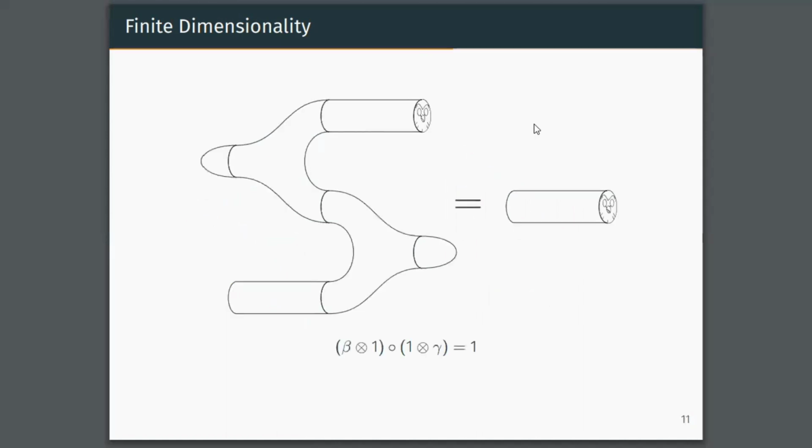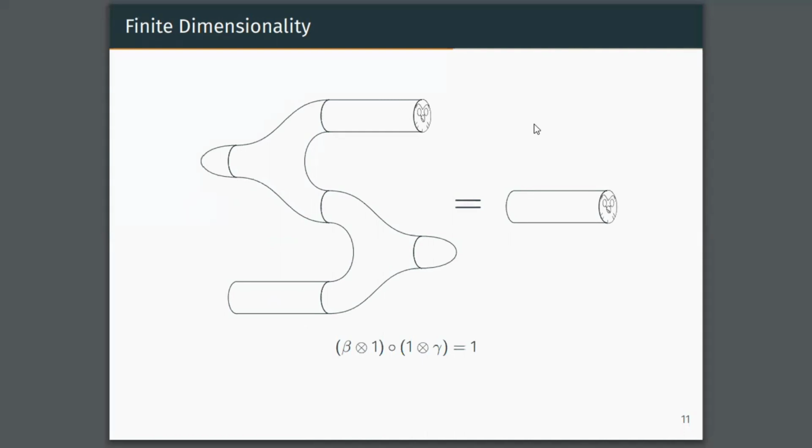And then all we're doing here is taking this diagram, this weird bendy thing, and if you geometrically straighten this out in the sense of topology, you can stretch this and show that it's equivalent to this tube.